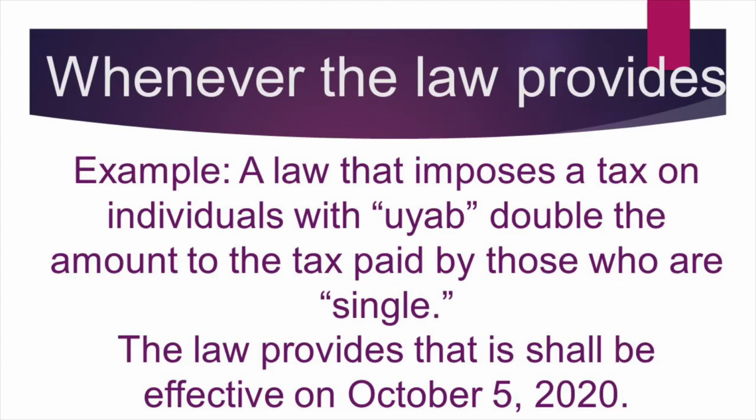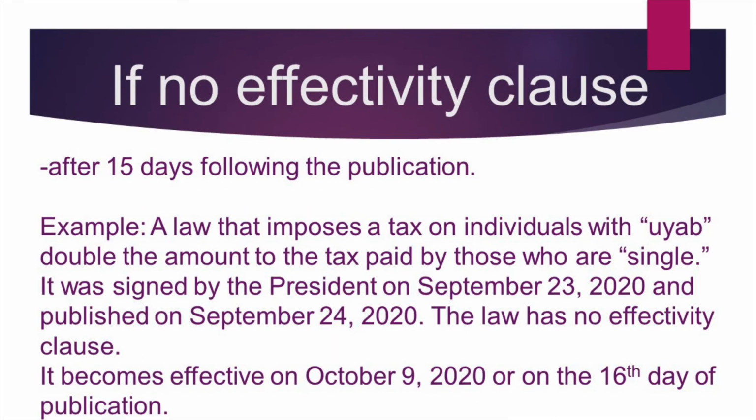So, if the President approves it and signs it into law, let's say on September 23, on October 5, 2020, it becomes effective, because the law so provides. That is the first instance. And of course, we should not forget that it has to be published. The requirement of publication must not be omitted and must not be dispensed with even if the law specifically provides for the date of effectivity.